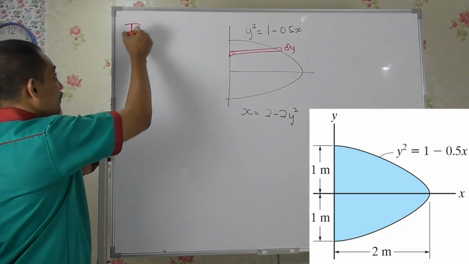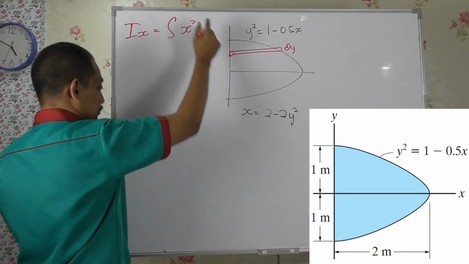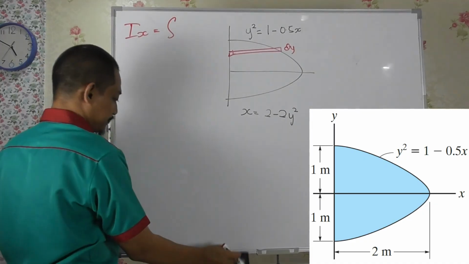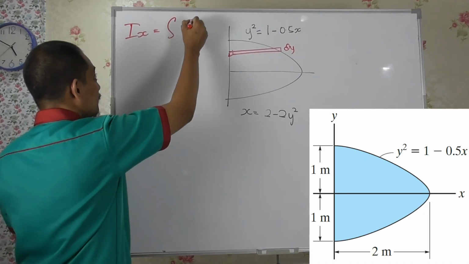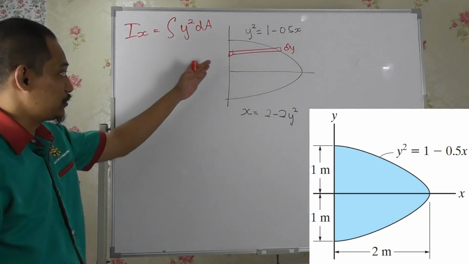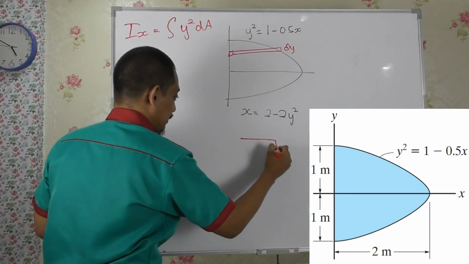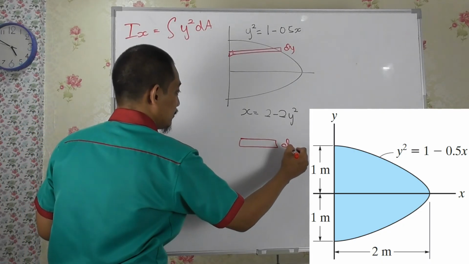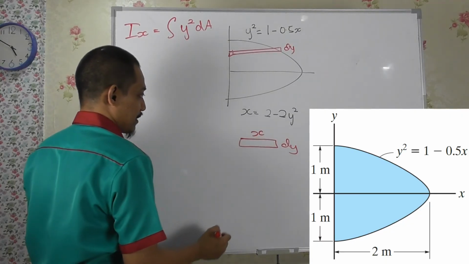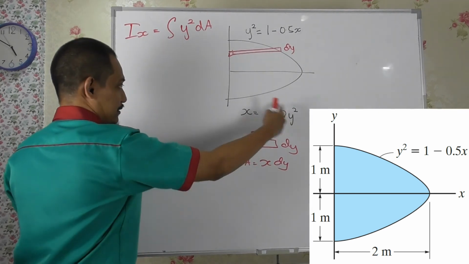Now for Ix, if you are using this element, then it is the integration of y squared dA. That will be the equation if you use a horizontal element for Ix. If you take out the element, this will be dy, this will be x, so dA will be x dy, and x is this whole thing.